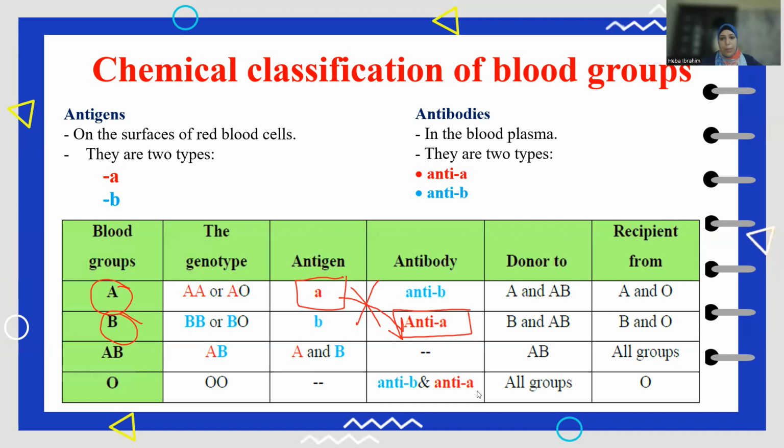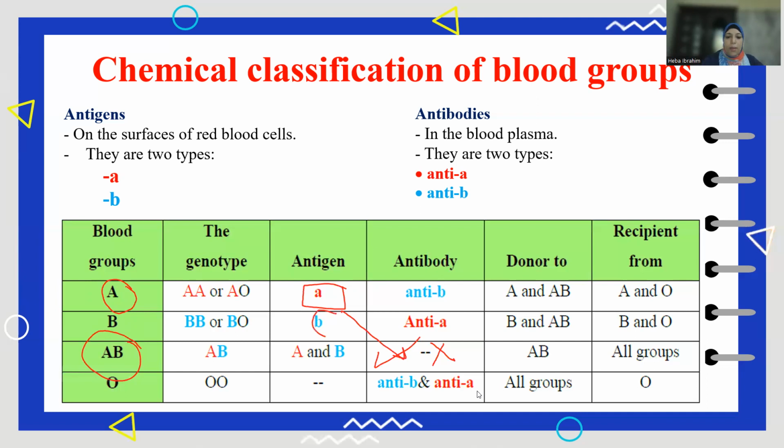What about blood group AB? If we are going to transfer blood from an individual A to another one AB, blood A has antigen A, but blood AB has no antibodies, so there is no problem. No reaction will take place, so it's safe to transfer blood from blood group A to AB.